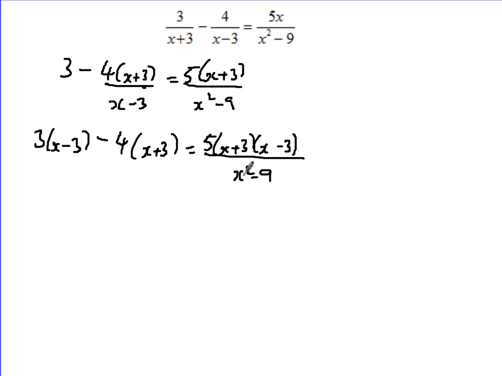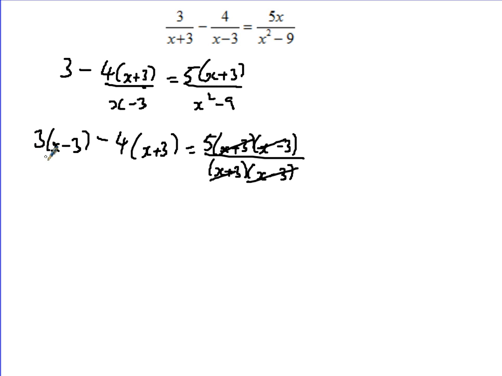Now I can express this in a different way. That's actually the difference of two squares. So the difference of two squares can be shown to be x plus 3 in a bracket and x minus 3 in a bracket. So we've actually got cancelling happening. These two will cancel with this.